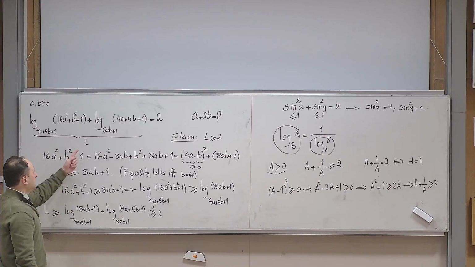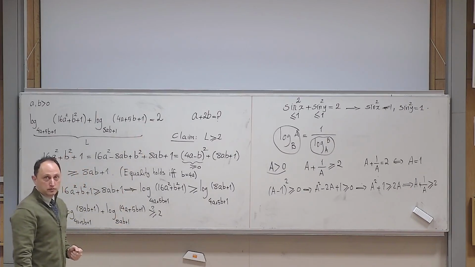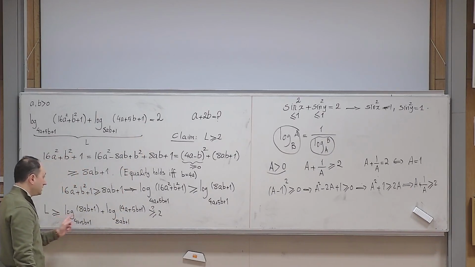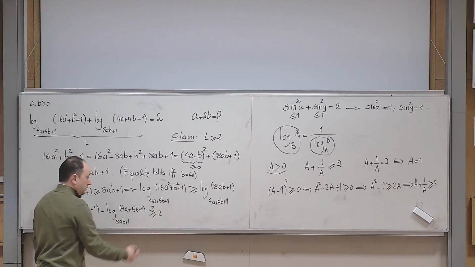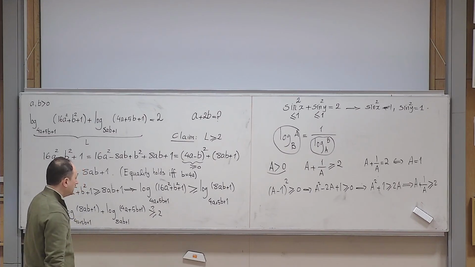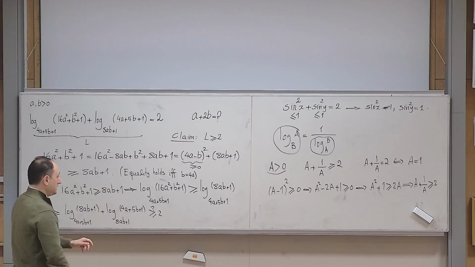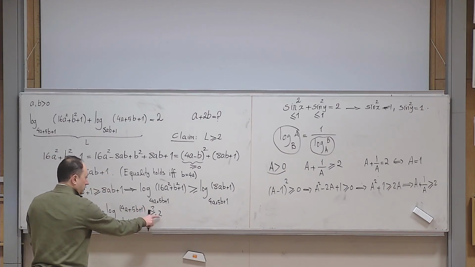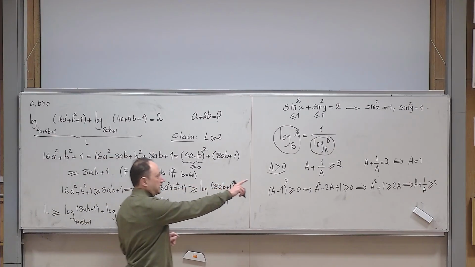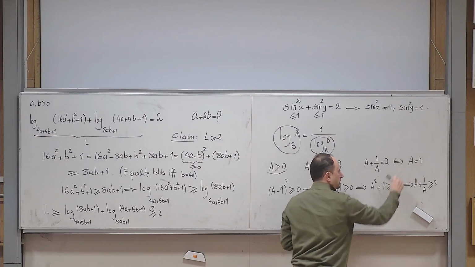But now the problem wants L to be exactly 2. Okay, so I want to have this equality. So equality here holds if and only if the equality holds everywhere. For this one to be equal to 2, we just learned that the number which is added to its reciprocal should be 1.